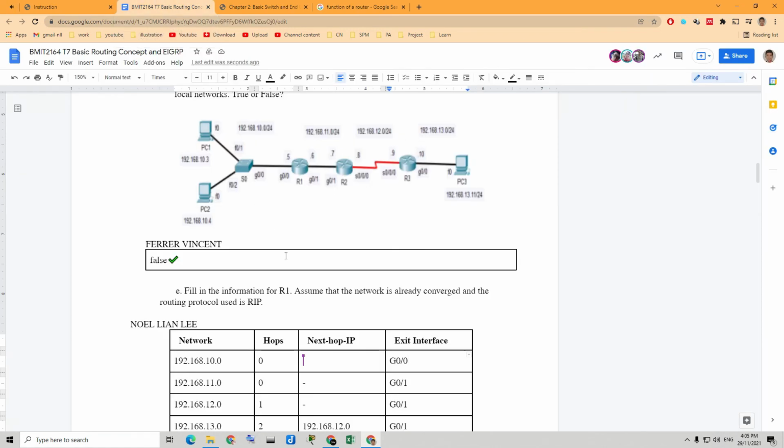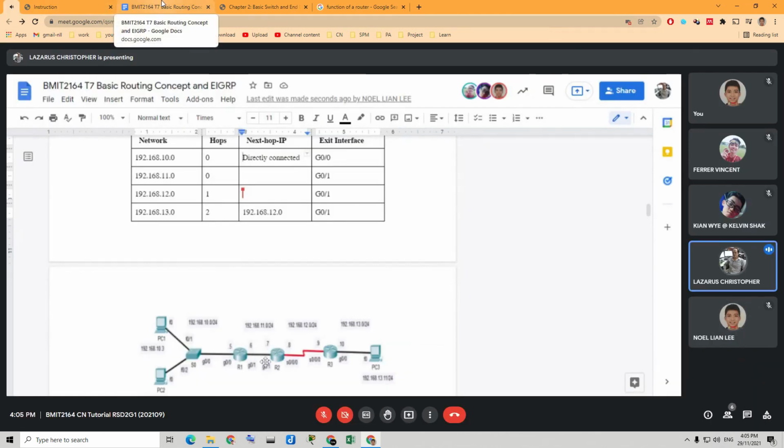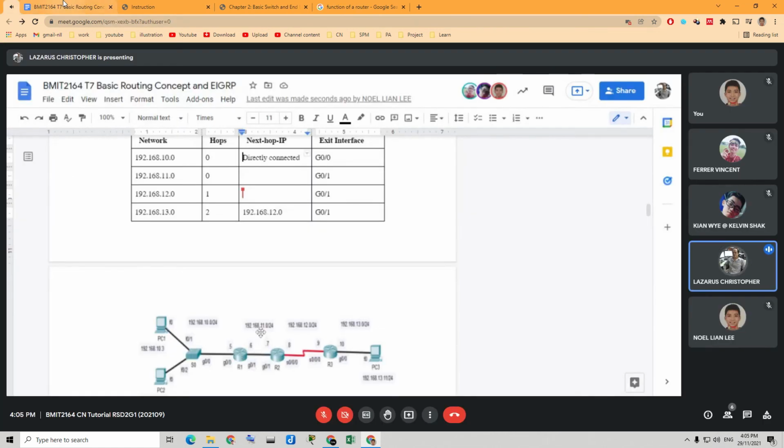Then 11 is on its right-hand side, so the exit interface is G0/1, and it is also directly connected. This is dot 11 here, so it's directly connected to R1, the dot 11 network.